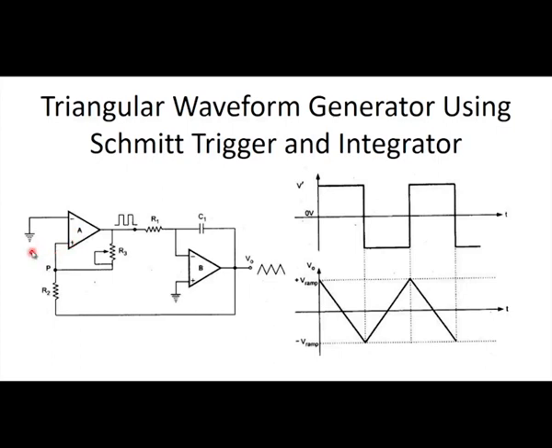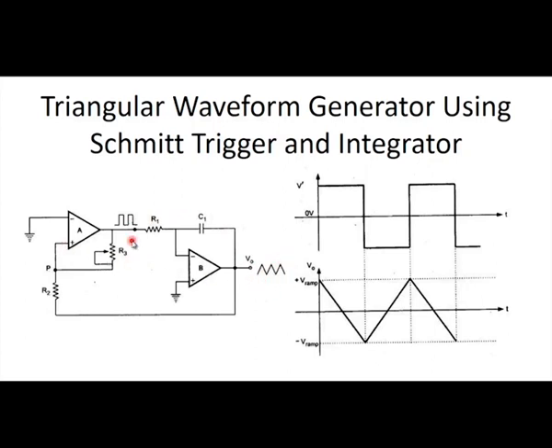Normally we give the input to the negative terminal of the Schmitt trigger, and whenever the input exceeds the reference voltage present at the positive terminal, the output of the Schmitt trigger switches between plus or minus V saturation, and this square wave is integrated and produces the output as a triangular waveform.